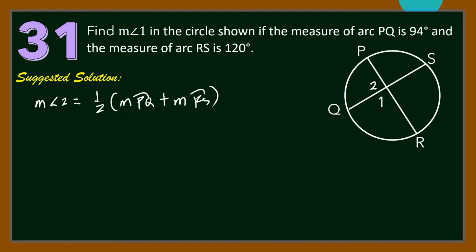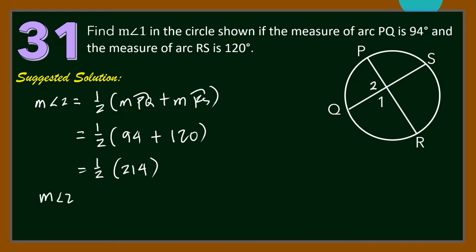Substituting the values, we have 1/2 times (94 + 120), and this is equal to 1/2 of 214 degrees. Therefore, the measure of angle 2 is equal to 107 degrees.